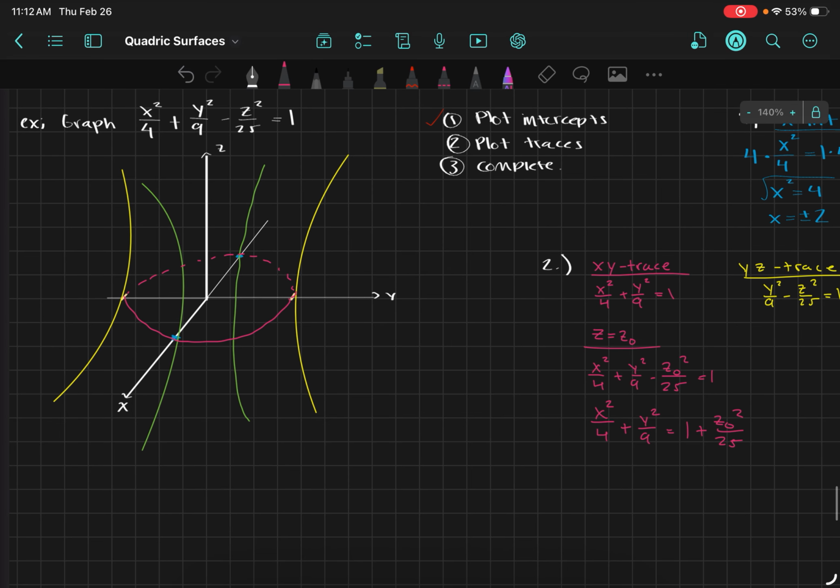So we can already kind of visualize that we needed to do a z equals z naught trace just by that. So you could, in theory, do a z equals z naught trace afterward, after you see, all right, that's an ellipse. We can just go ahead and do these all around. So meaning what? We're just going to do that all around. This is our z equals z naught. Let's do one more up here.